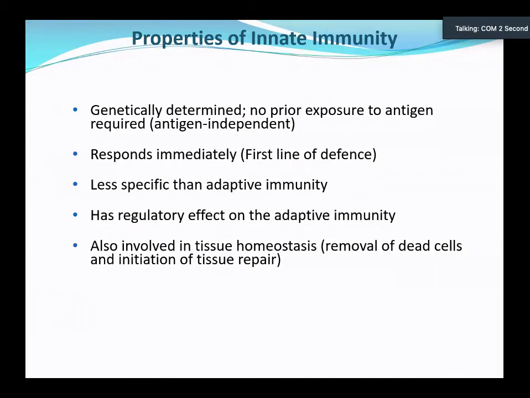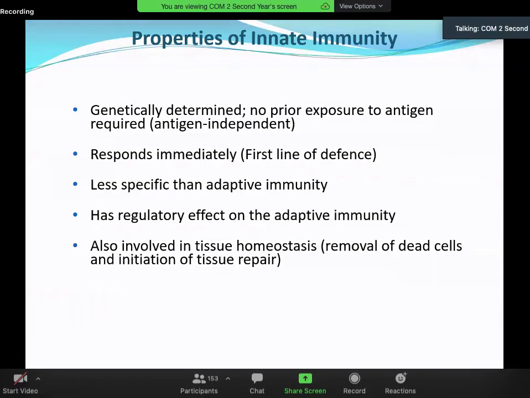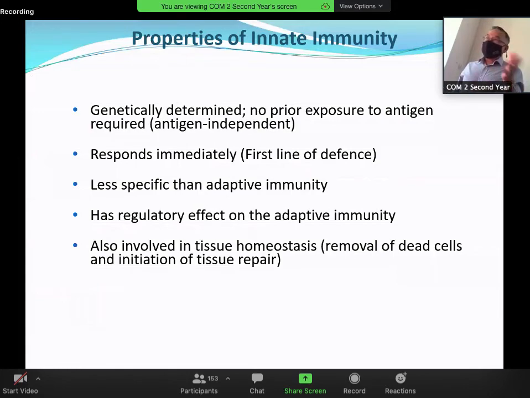The innate, because it is the first line of defense, serves like a security guard to detect any changes or any threats in the body, to start off this inflammatory process, but then provide signals to draw in the cells of the adaptive immune response, like B lymphocytes and T lymphocytes.